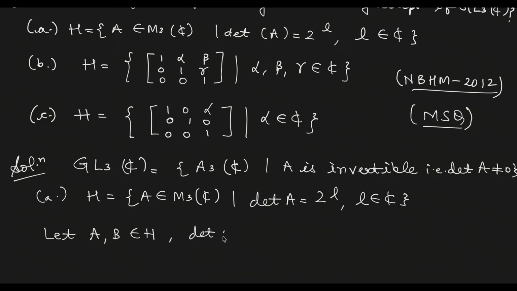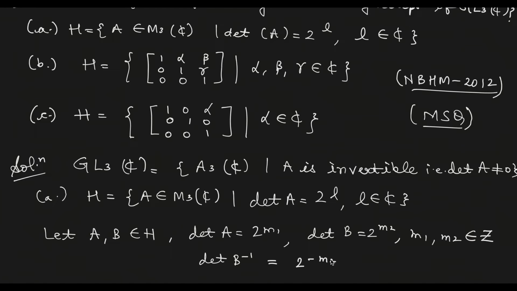So the determinant of A is 2 to the power M1. The determinant of B is 2 to the power M2. M1 and M2 are integers. The determinant of B inverse will be 2 to the power minus M2.